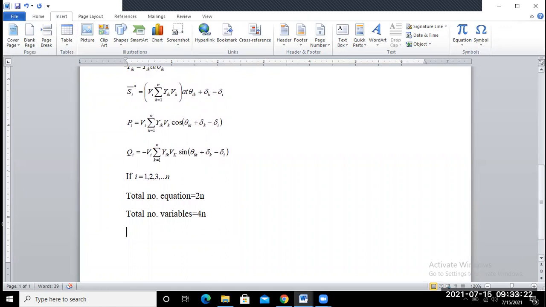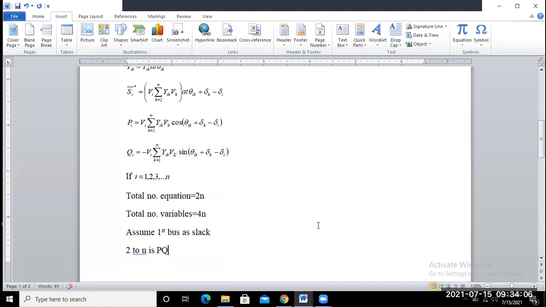Just assume the first bus as a slack bus, and the other remaining buses, that means 2 to n, are PQ buses.